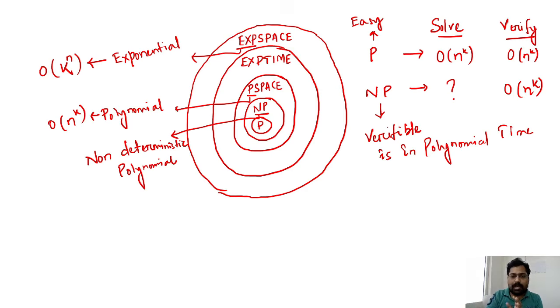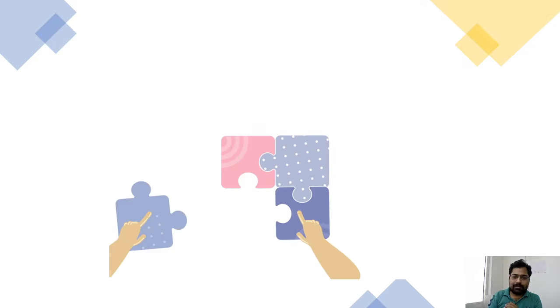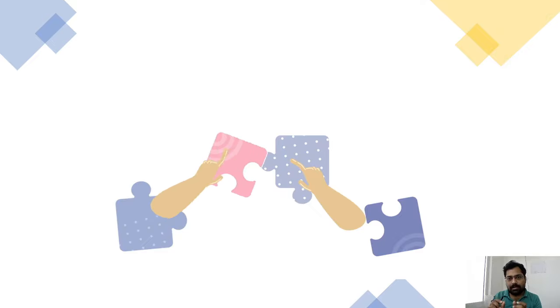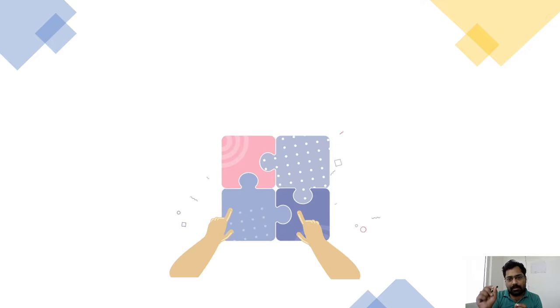Clear? So I have kept one example for you to understand. Though P is easily understood by you, like it is solvable in polynomial time and also verifiable in polynomial time.